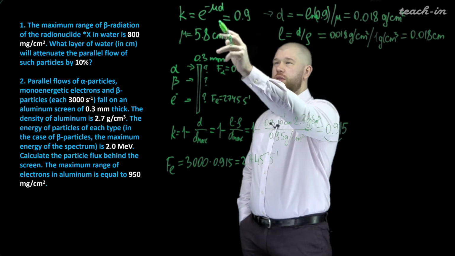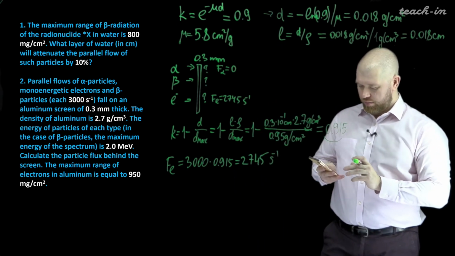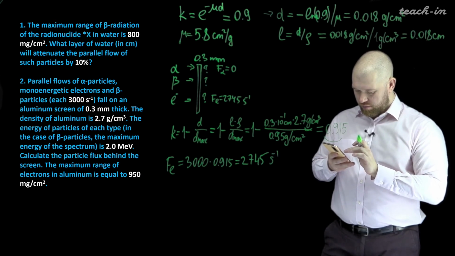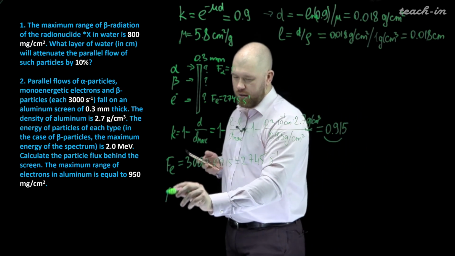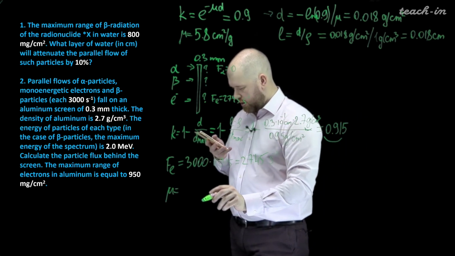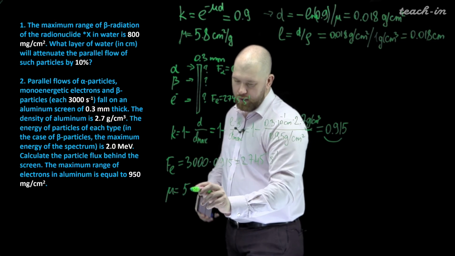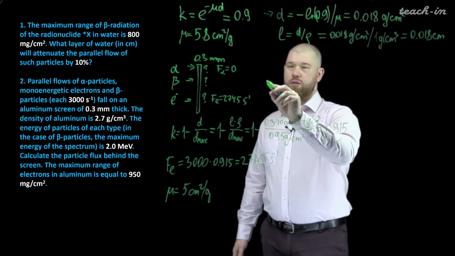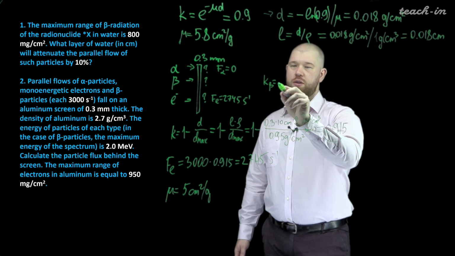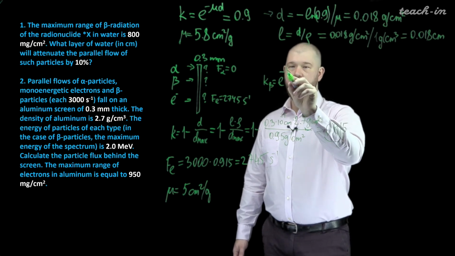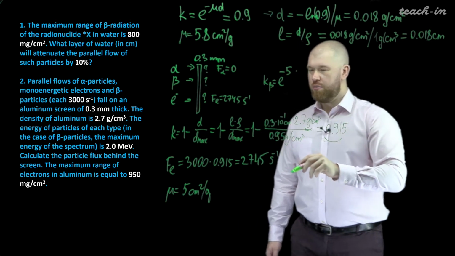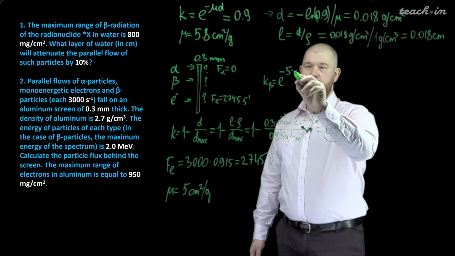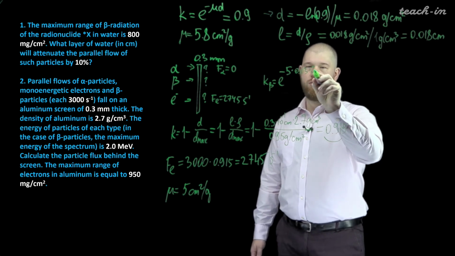What about the beta particles now? Again, we will use the same equation, and we can take the mu number. In this case, mu will be equal to 5 squared centimeter per gram. Thus, the attenuation factor for beta particles will be equal to exponent minus 5 multiplied by 0.003 multiplied by 2.7.